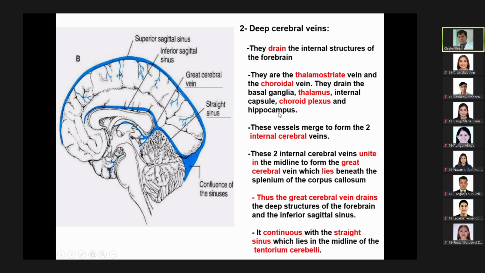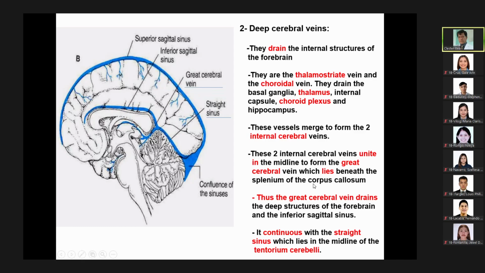These veins merge to form the internal cerebral veins on each side, left and right. The two internal cerebral veins will unite in the midline to form the great vein of Galen, okay?